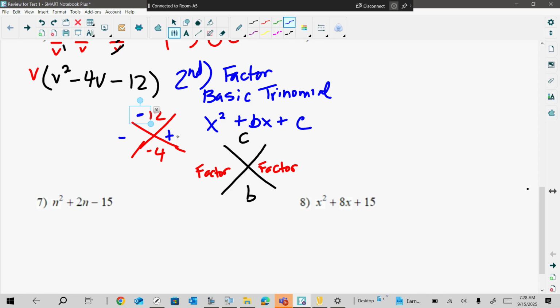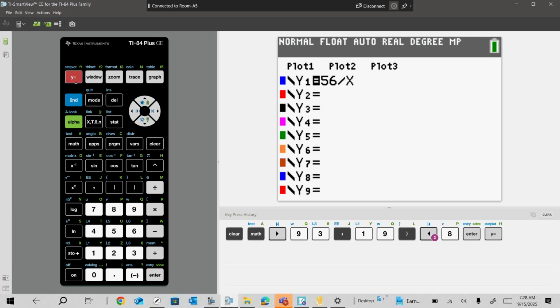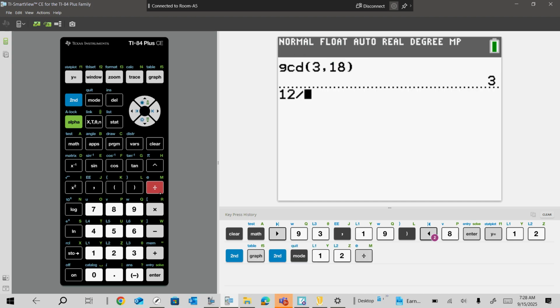In these situations, guys, you can use the equation to give you your list of factors. So I just say 12 divided by x, and I could do second graph and look at those numbers. Or you can say 12 divided by 2.